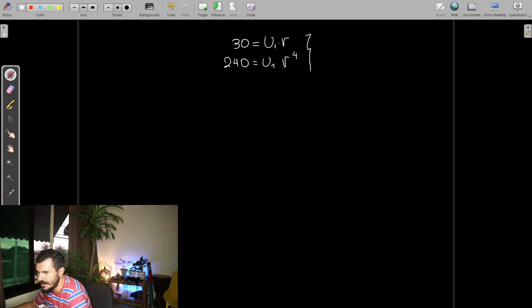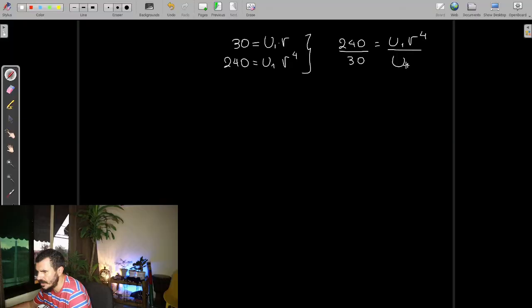So check it. I will divide this one, 240 equals U1 times r to the power of 4, with this one, 30 equals U1 times r. Of course you could do the opposite, 30 divided by 240, but this is easier for us for simplification reasons.